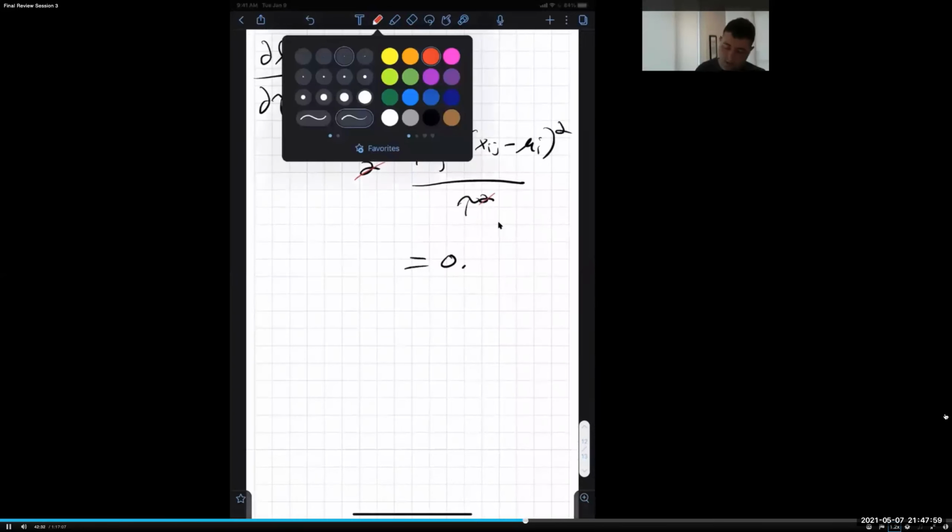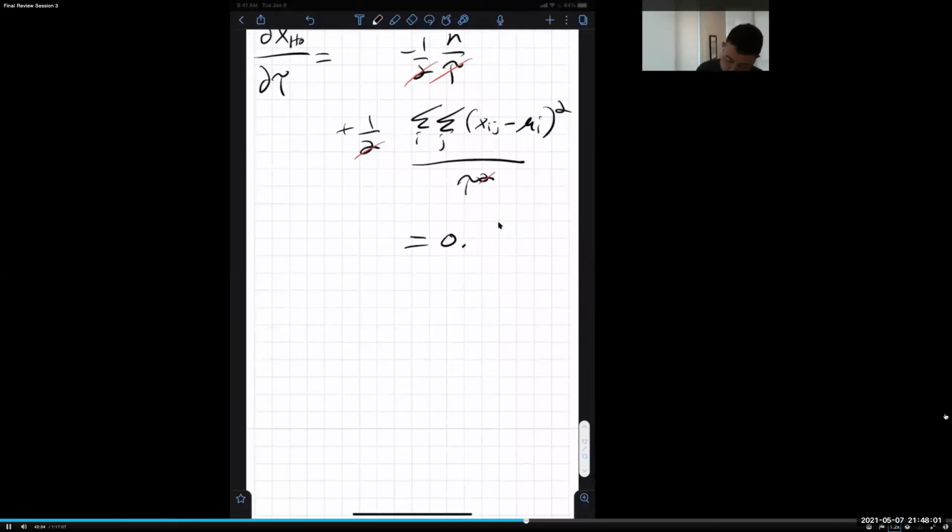And so the estimate here, tau hat, which equals sigma squared hat, as I just defined sigma squared, is just going to be equal to the sum over i equals 1 to I, the sum of j equals 1 to n_i, (x_ij minus mu_i) squared, over n.